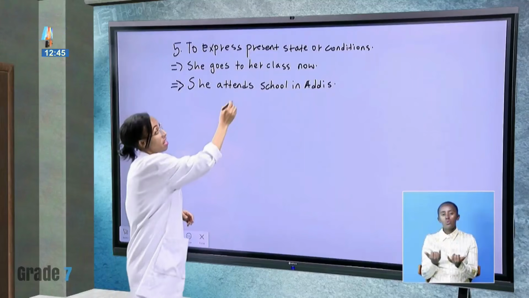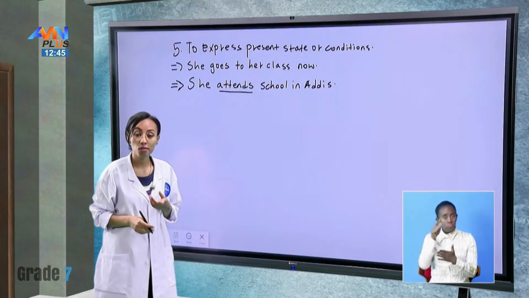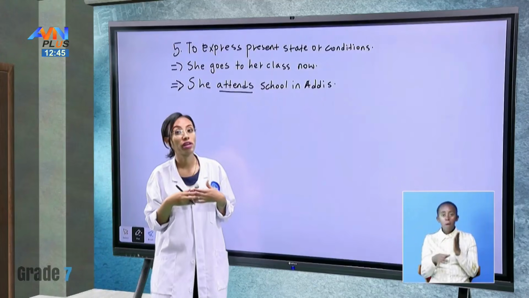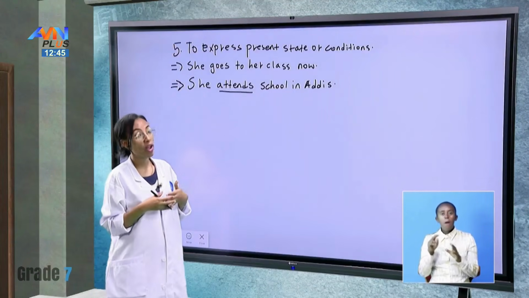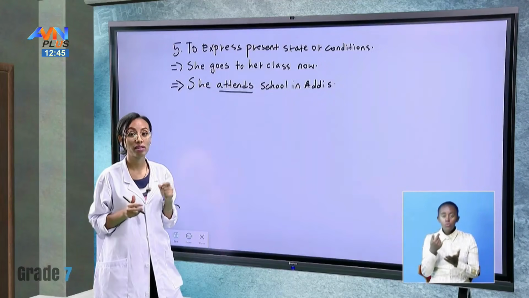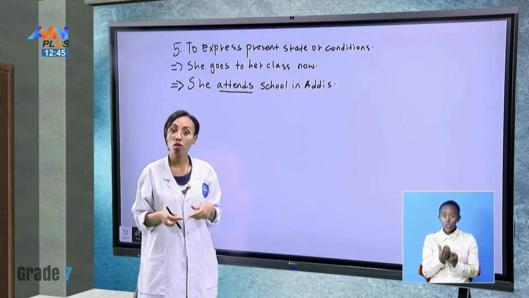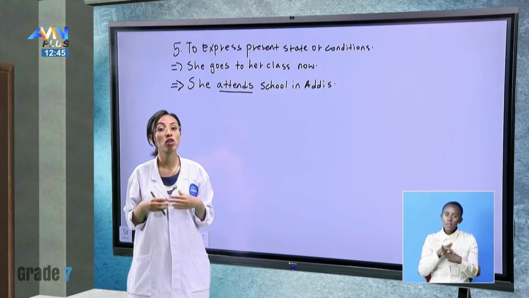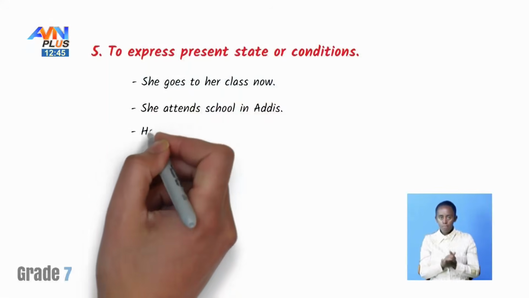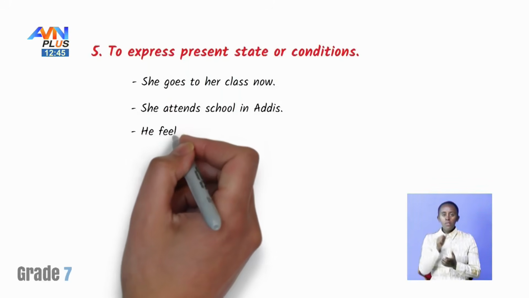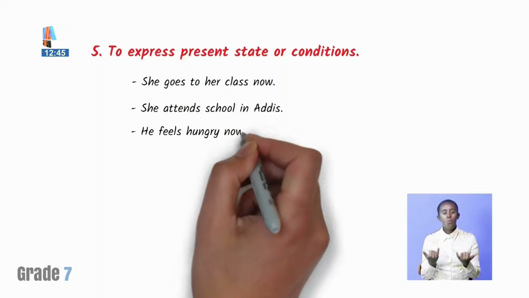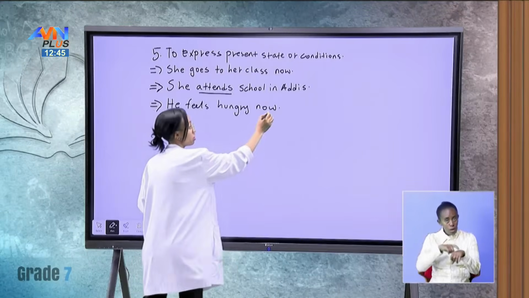If you say she attends or he attends or they attend school in Addis or in Debre Birhan or in Debre Markos or any kind of place, you are saying that at this present moment, at this present condition, these people are attending school in those places. Okay. He feels hungry now. Again, we have a time indicator here, which is now.